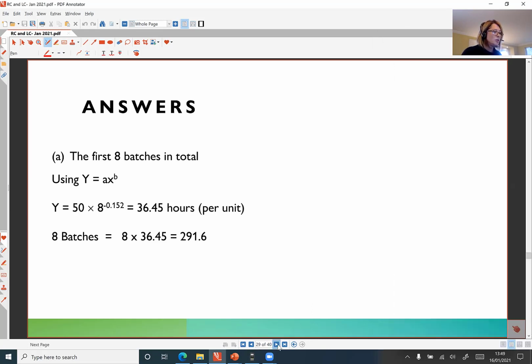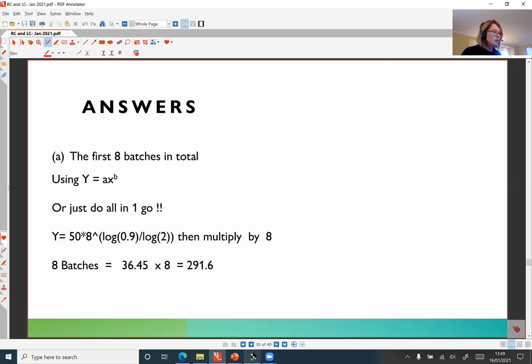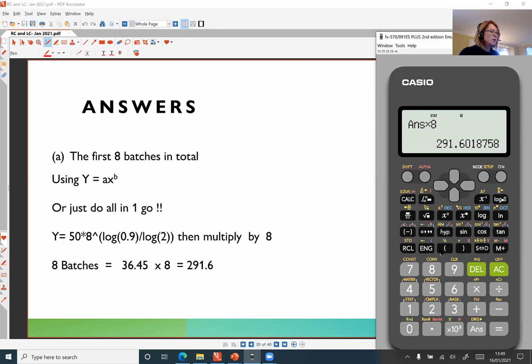Now I want to just show you if you want to do it all in one go. If you do it all in one go, you don't have to calculate the B. So you can literally do it like this, all in one go. 50 times 8 to the log 0.9 divided by log 2, close the brackets, equals 36.5 as before, and then we times it by the 8.